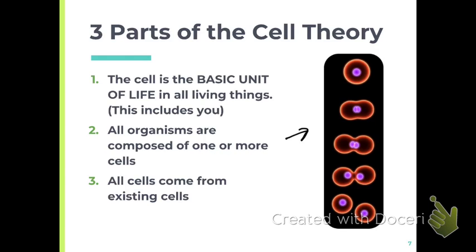Usually it comes from something. In this case, this is what we call binary fission, where one cell replicates all the parts it needs, and then it divides into two. The two new daughter cells came from a pre-existing cell, a cell at the very beginning.